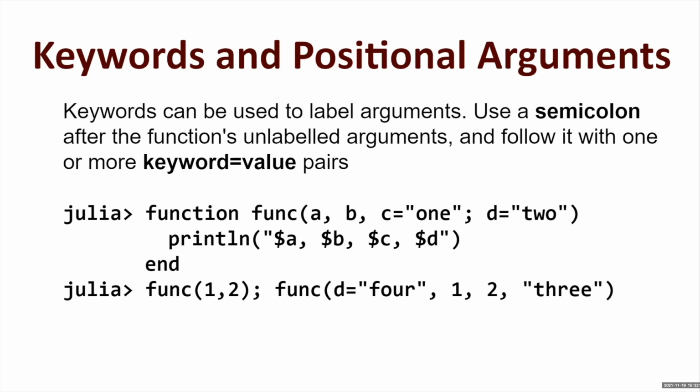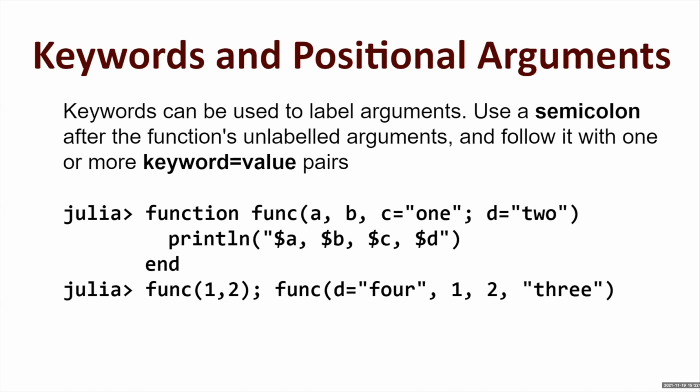So 1 is still pointing to A in our function definition, 2 will be set to B, and the last one, 3, will be set to C, because C here is an optional argument. If you don't set it, the default value 1 will be used. If you set it, the default value will be overwritten and 3 will be used for C.